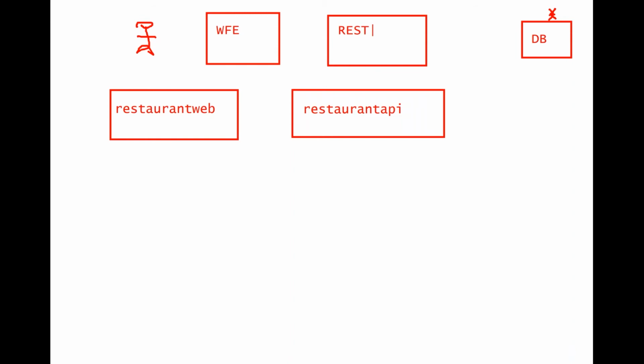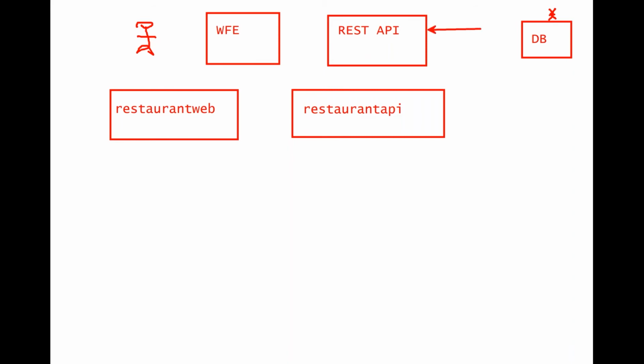Representational state transfer APIs. These are the RESTful APIs, the backend APIs. Or you can use web services if you want. Otherwise, these days we also have the gRPC option, and so on.